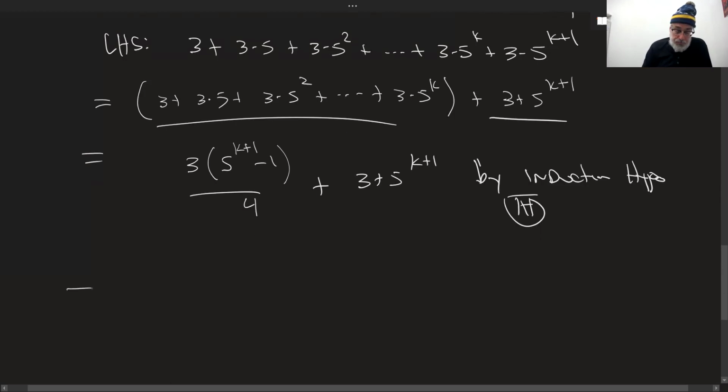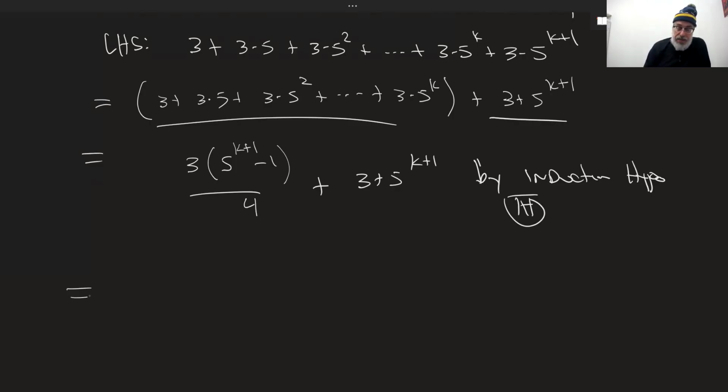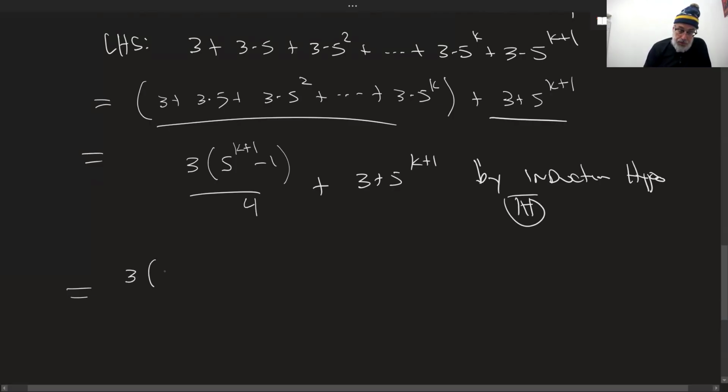All right, so now if we just look at the algebra, I want to add these two terms. So adding these two terms requires us to have a common denominator. So that means I have to multiply the top and bottom of the right-hand term. This is not 3 plus 5. This should be 3 times 5.